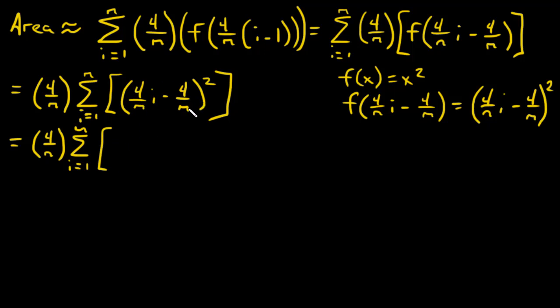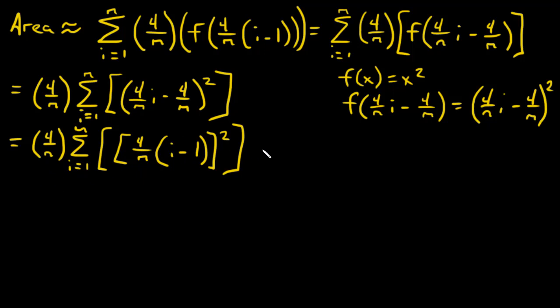I can factor a 4 over n out of here. So second bracket, this is going to be 4 over n times I minus 1, bracket squared. All I did was factor a 4 over n out of this square here. And that's completely legal because it's still within the square. The 4 over n didn't move outside the square. But it lets me rewrite this quite a bit easier.